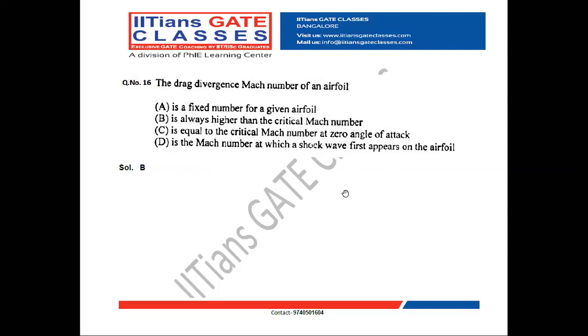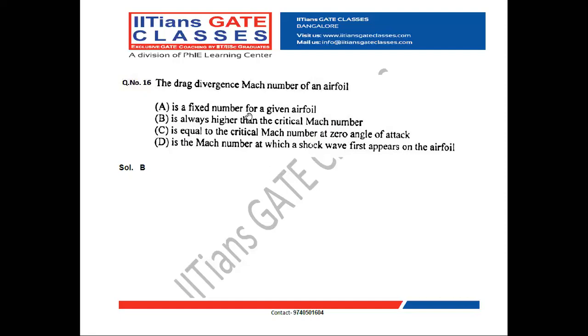That means it is a subsonic Mach number, like Mach number 0.6 or 0.7, where the flow on the aerofoil accelerates, thereby at some point on the aerofoil reaching Mach equal to 1.